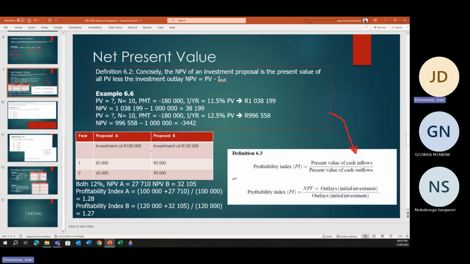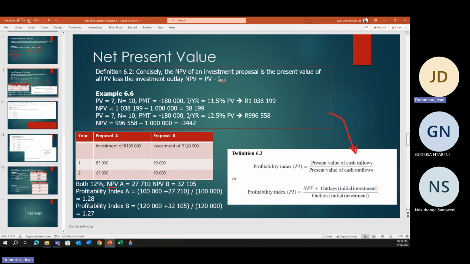And the other one, I've worked with a 90 and a 90. So now they ask us to work out what your profitability will be.